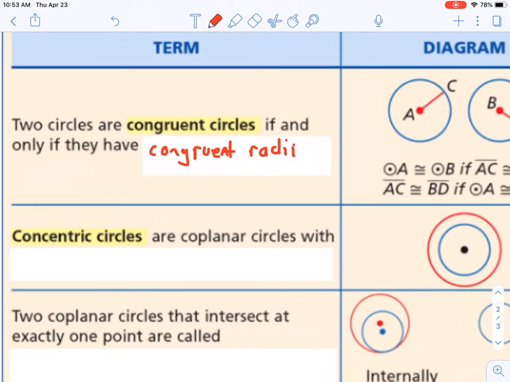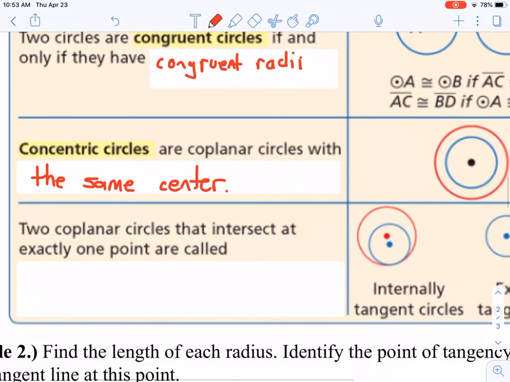Next we have concentric circles. Concentric circles are coplanar circles with the same center. They have to have the same center in order to be concentric.